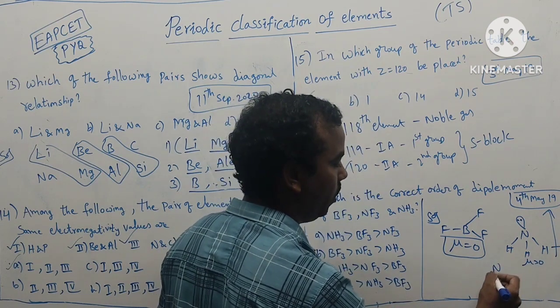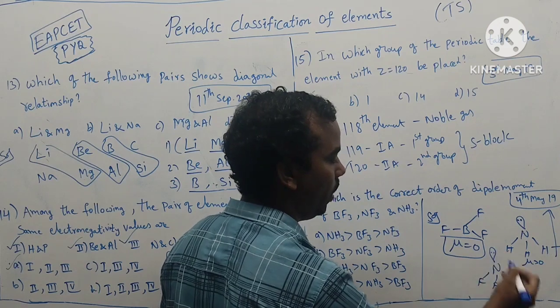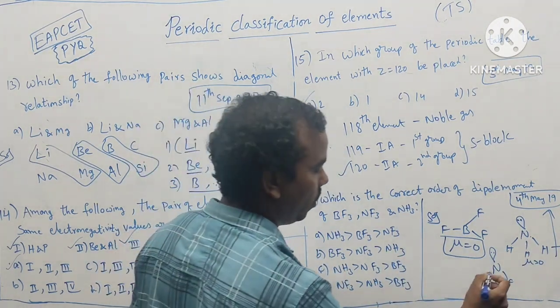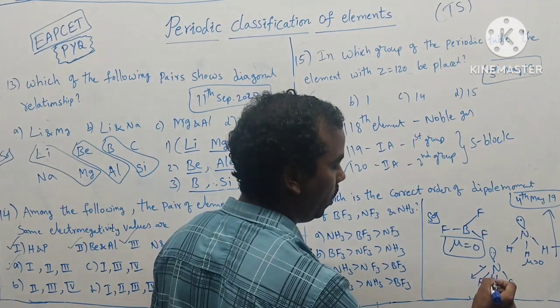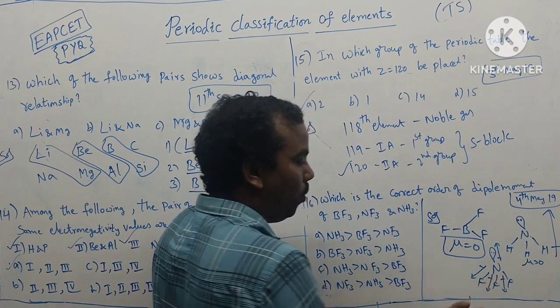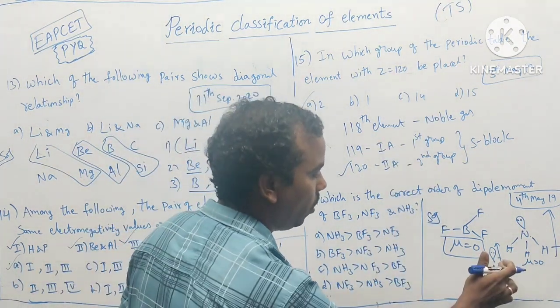In NF3, the dipole moment is also greater than 0, but compared to NH3 the dipole moment decreases, because compared to nitrogen, fluorine's electronegativity is more. The lone pair of electrons attracts in the upward direction.